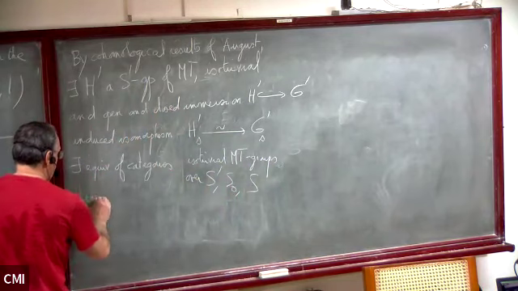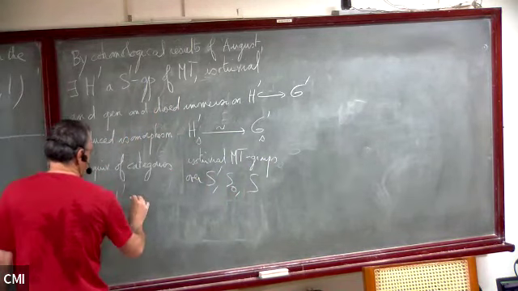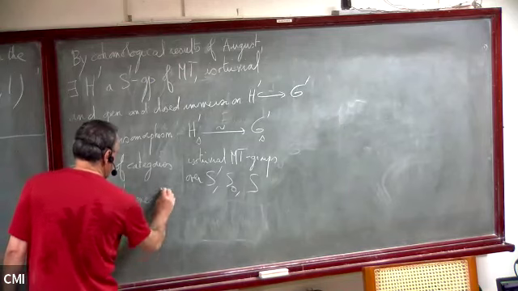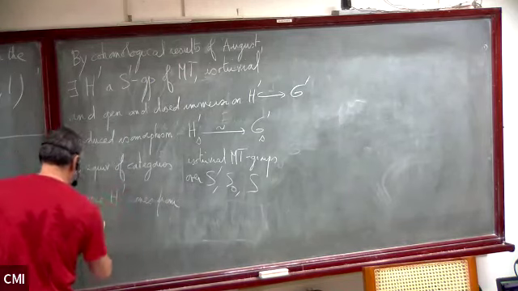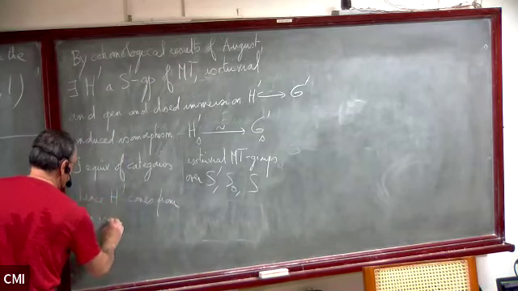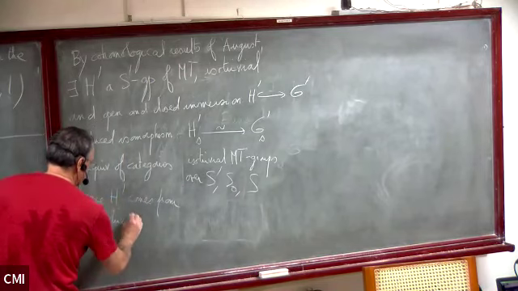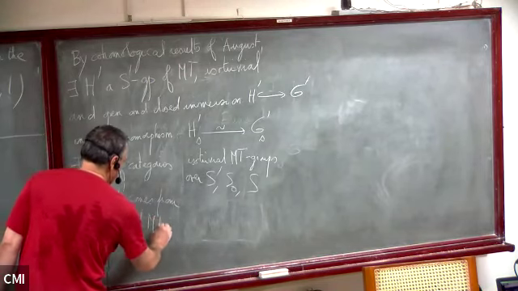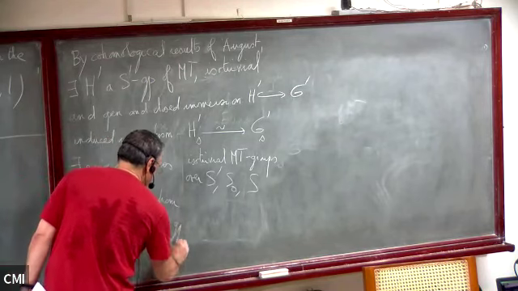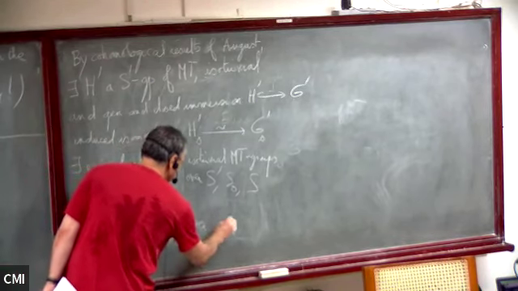And H' comes from an isotrivial multiplicative type group over S.